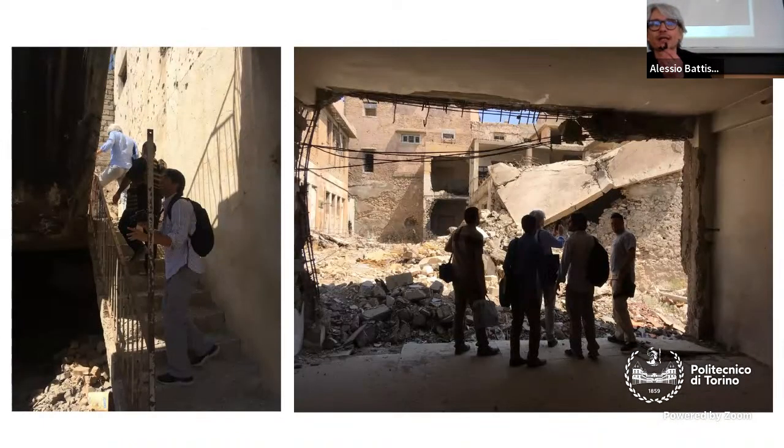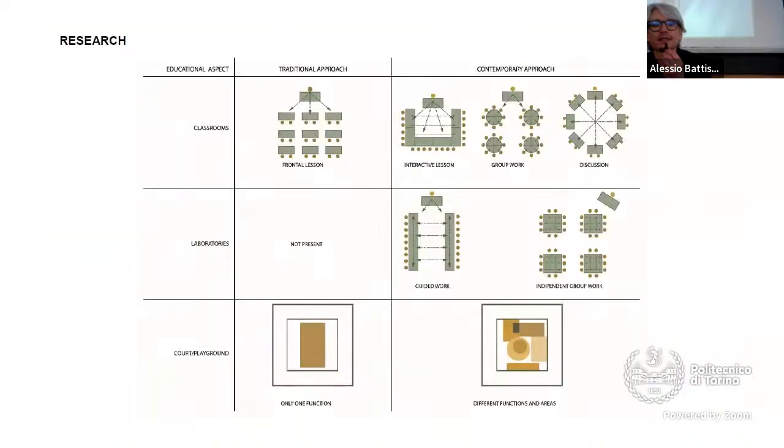These are survey images, and again, as they asked us how we can rebuild it, how we can create an efficient and culturally adaptable school system in Mosul, we started to analyze it as an architect and as a researcher.